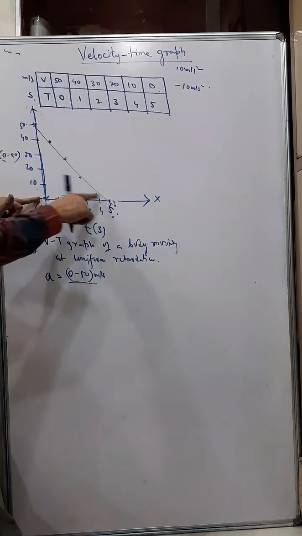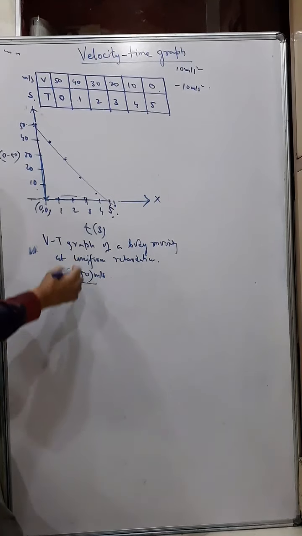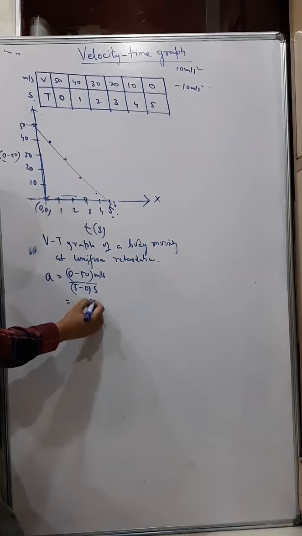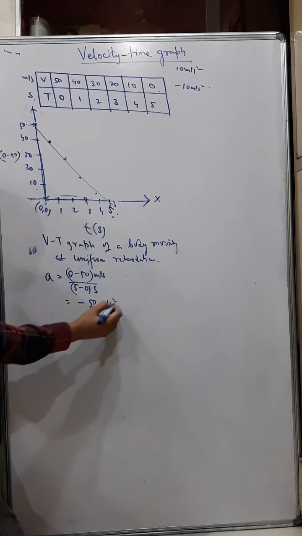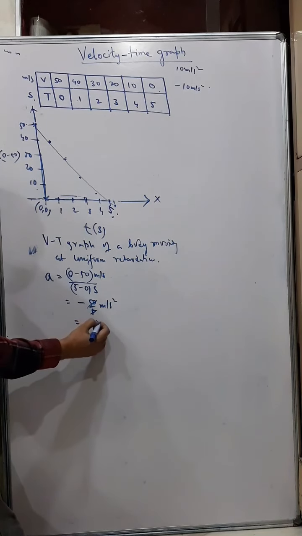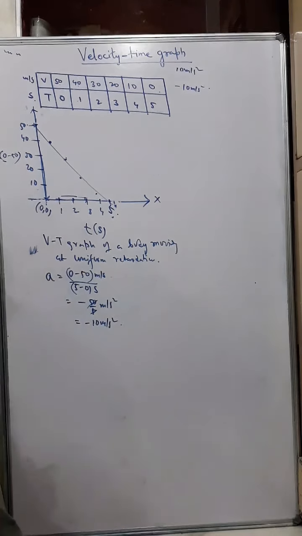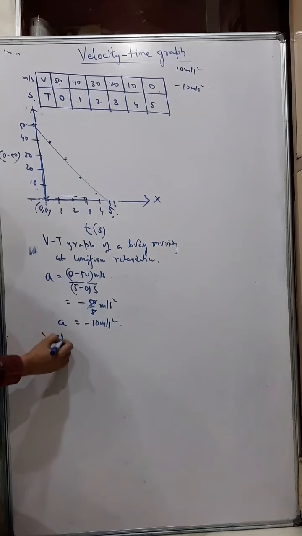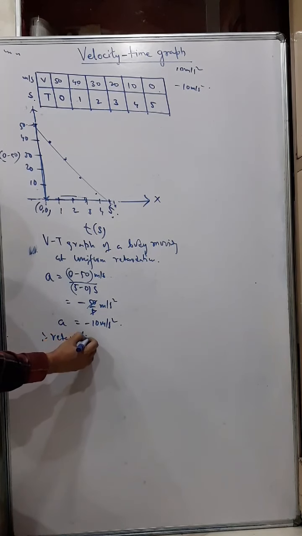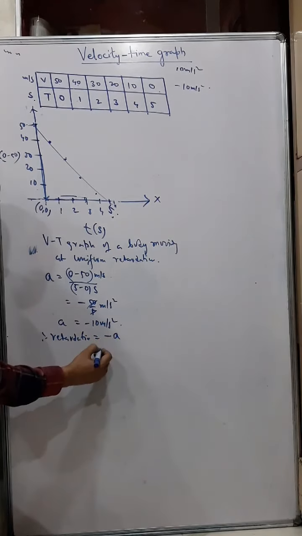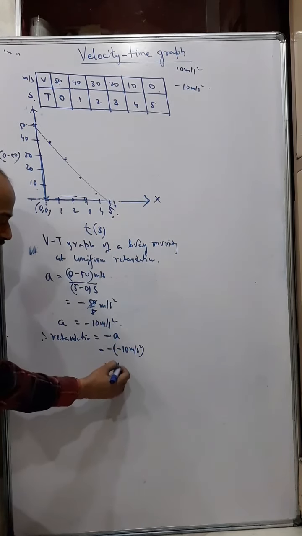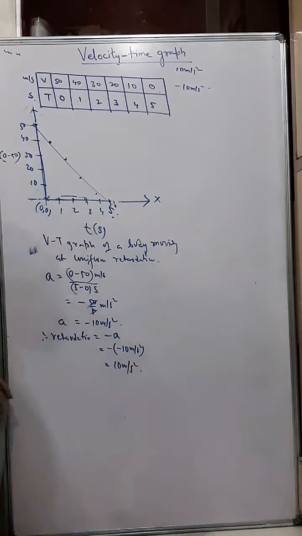For time I write final time 5 and initial 0, so 5 minus 0 second. So we got minus 50 by 5 meter per second square, and that is minus 10 meter per second square. Since acceleration is minus 10, now we will write retardation. Retardation is negative of a, that is minus of minus 10 meter per second square. So I get 10 meter per second square.